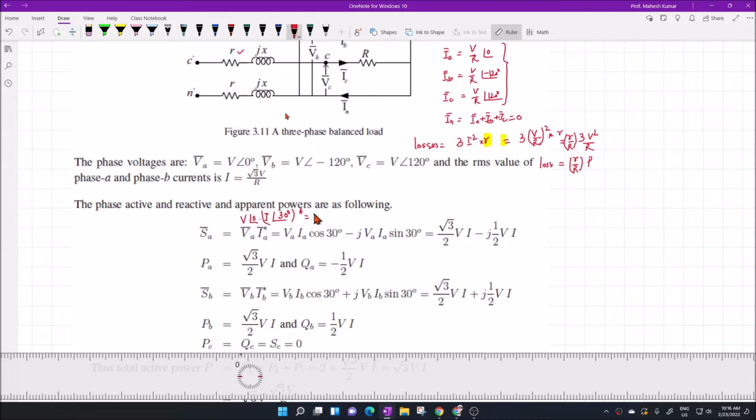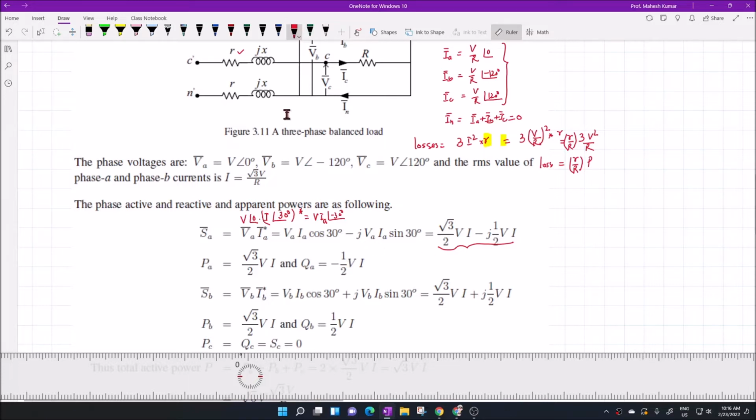So that becomes VI at angle of minus 30 degrees, or VA IA at angle of minus 30 degrees. Here I is actually IA, the RMS value of current in phase A, and if you solve that, then you will get root 3 VI by 2 minus j VI by 2 because of the minus sign.